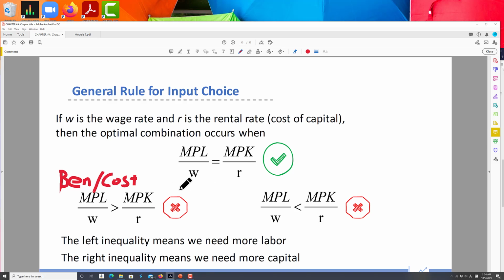If an inequality exists between the two, then an efficient combination of inputs is not used. One has to change either the amount of labor or capital or both.